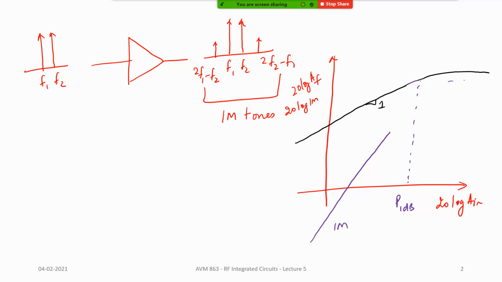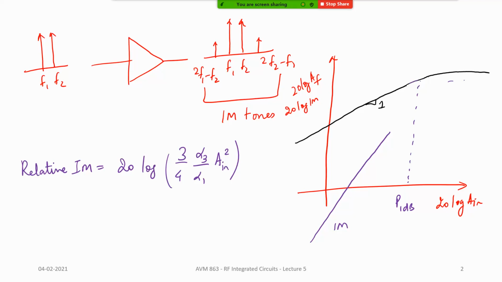Now, if you look at the difference between the two, let's call that relative IM. We saw that it looks something like 20 log of 3 by 4 times alpha 3 by alpha 1 times A in squared. This is relative IM, which is basically the IM component divided by the fundamental component.